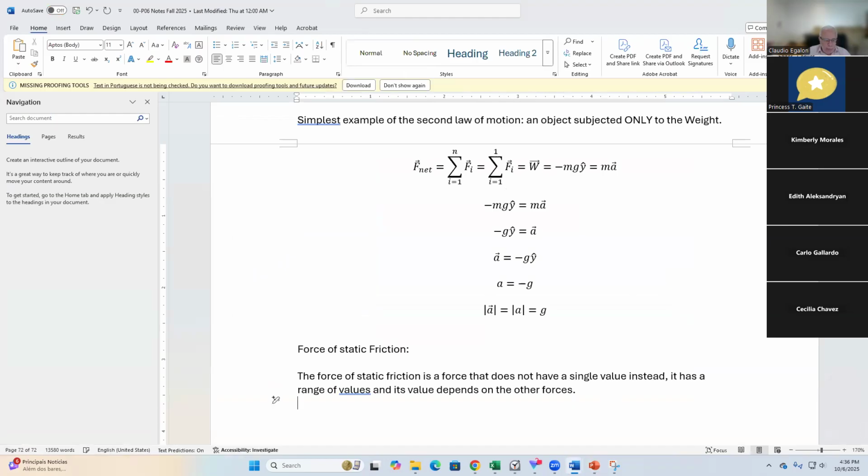If an object is at rest and if you apply a horizontal force to an object, and this object remains at rest, let's go step by step. Consider an object at rest.